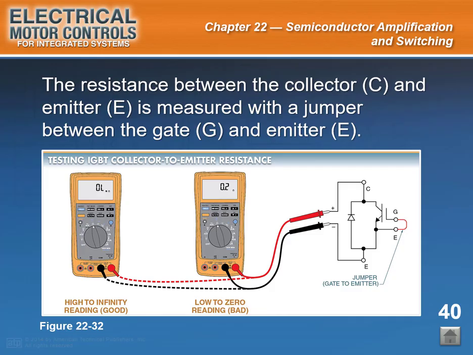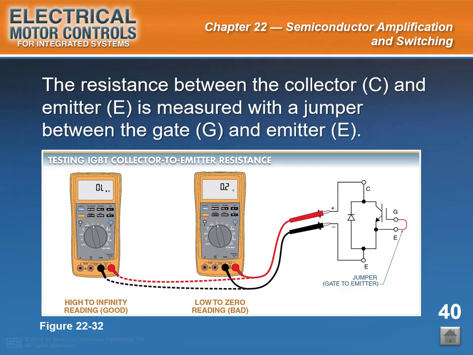The IGBT is considered defective if the resistance between the collector and emitter is very low. There are many advantages of IGBTs. The main advantages of an IGBT are the following: low on-state voltage drop, possibility of small chip size, low driving power, simple drive circuit, wide SOA.